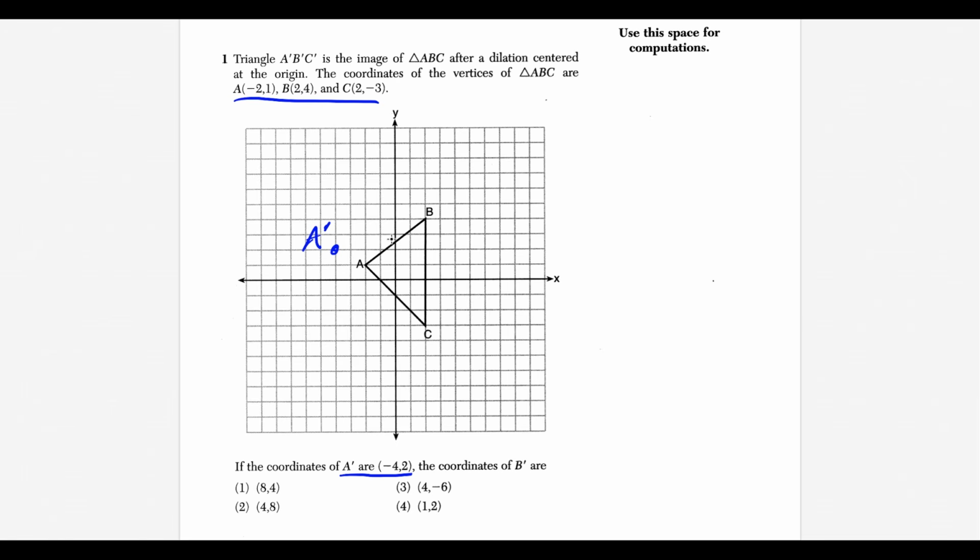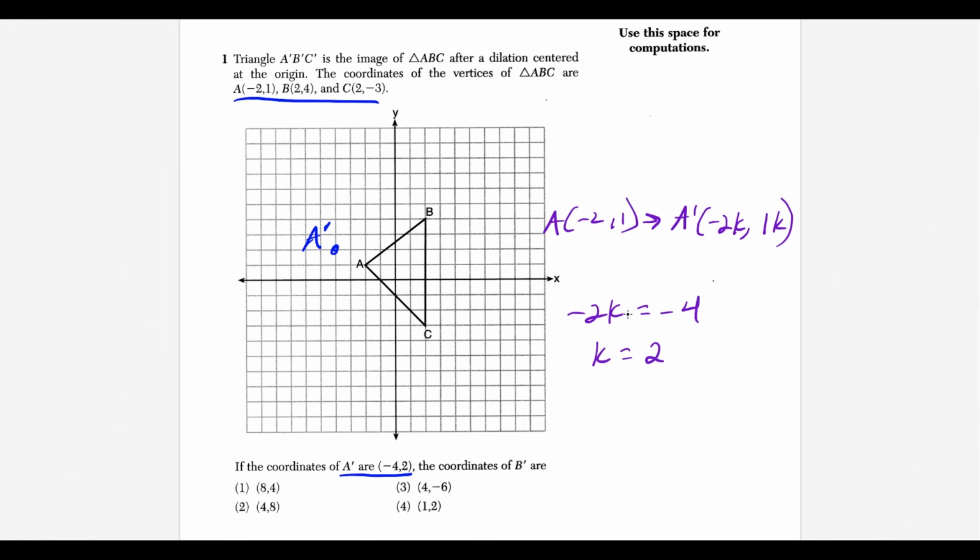Notice that A is the point -2, 1. To get to A prime, we're going to be multiplying each of those values for X and Y by some number K. So we set -2K, the X coordinate, equal to the X coordinate -4. That tells us that K is equal to 2.